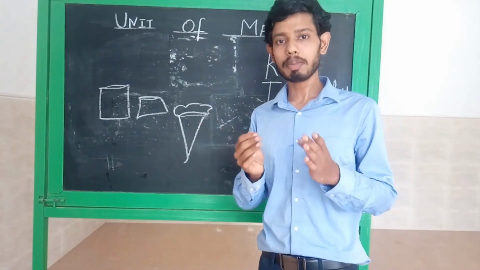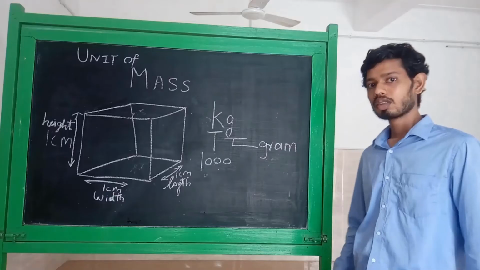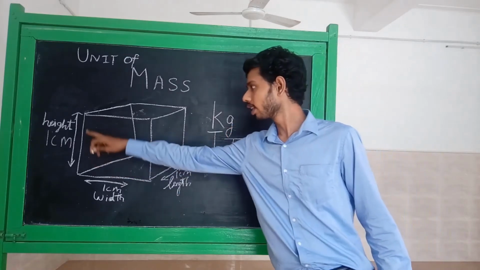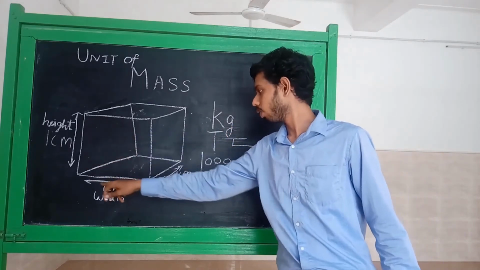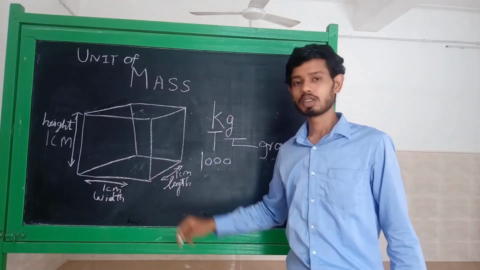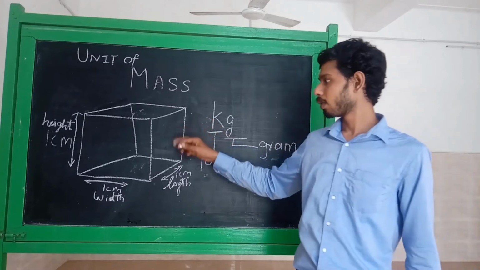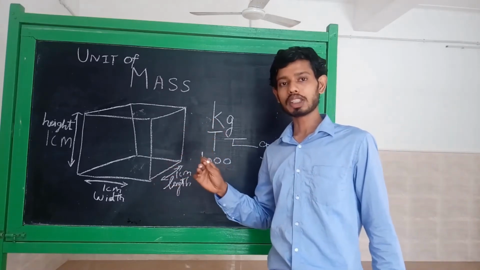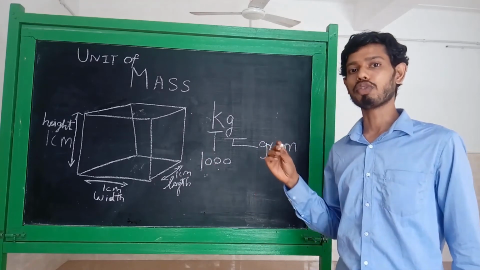What will be the dimension of that cup? The dimension of the cup should be 1 centimeter in height, 1 centimeter in width, and 1 centimeter in length. A cup of this size will be used to measure a gram of water.